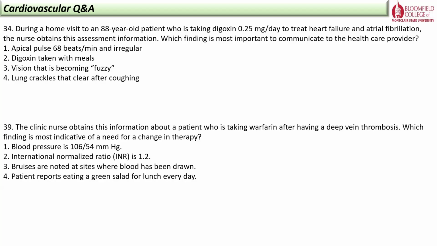34. During a home visit to an 88-year-old patient who is taking digoxin 0.25 milligrams a day to treat heart failure and atrial fibrillation, the nurse obtains this assessment information. Which finding is most important to communicate to the healthcare provider?